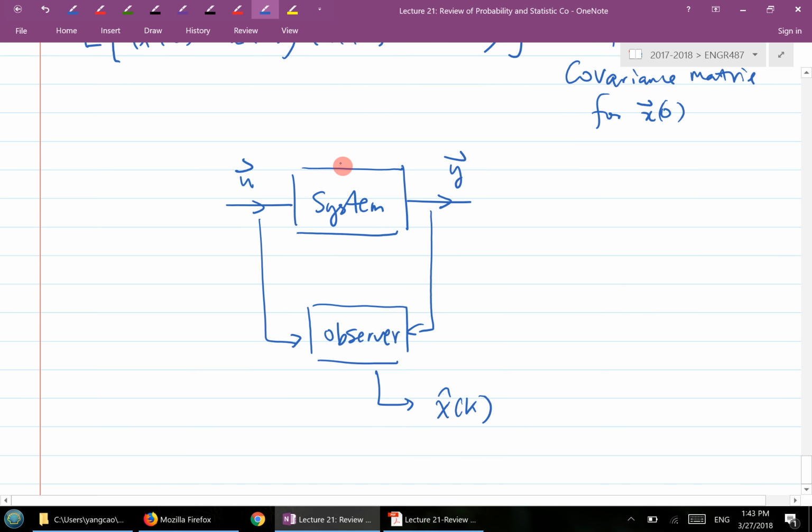If there's noise in it, instead of calling it an observer, we basically replace this with the Kalman filter here. This Kalman filter is specifically designed to tackle the system observation when there's noise involved.